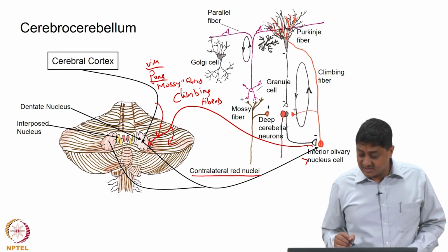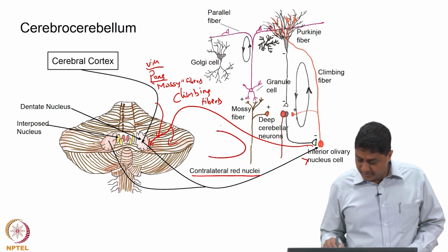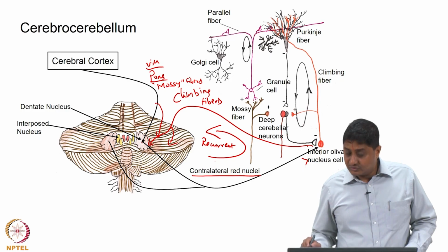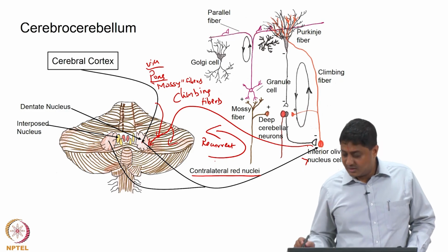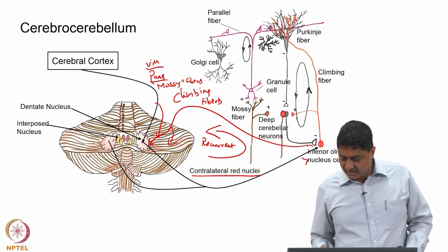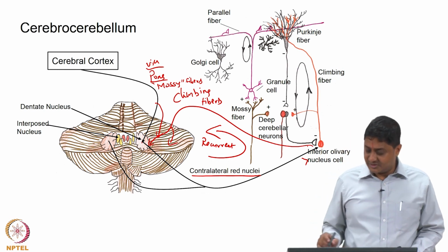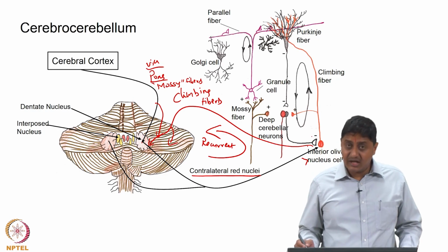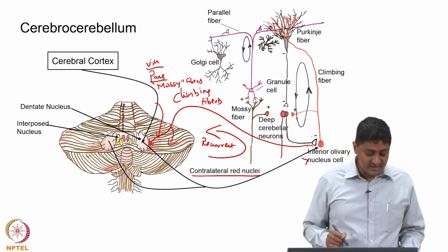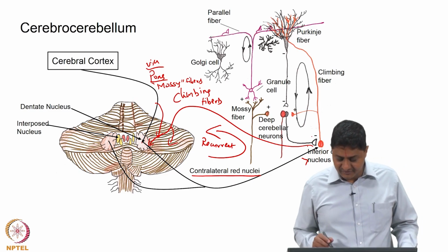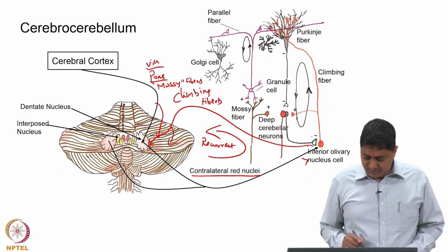This constitutes one recurrent loop. From the deep nucleus to the inferior olive via the contralateral red nucleus, and from the inferior olive back to the cerebellum as climbing fibers, this constitutes another of the recurrent loops.